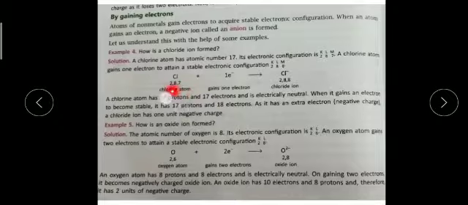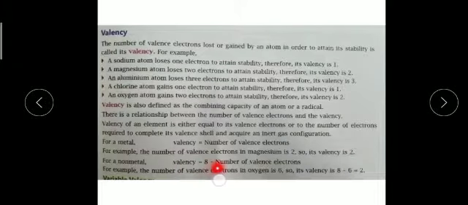You can do the oxygen case also, where there are 6. I told you, in the case of metals with 1, 2, 3 valence electrons, we can write the valency as it is. But for 4, 5, 6, 7, 8 we apply the formula: 8 minus 4, 8 minus 5, 8 minus 6, 8 minus 7, 8 minus 8.